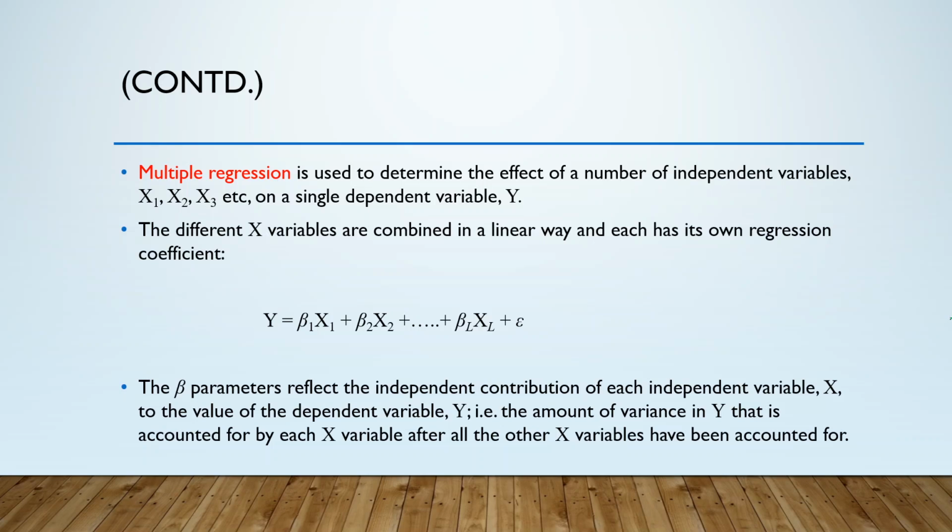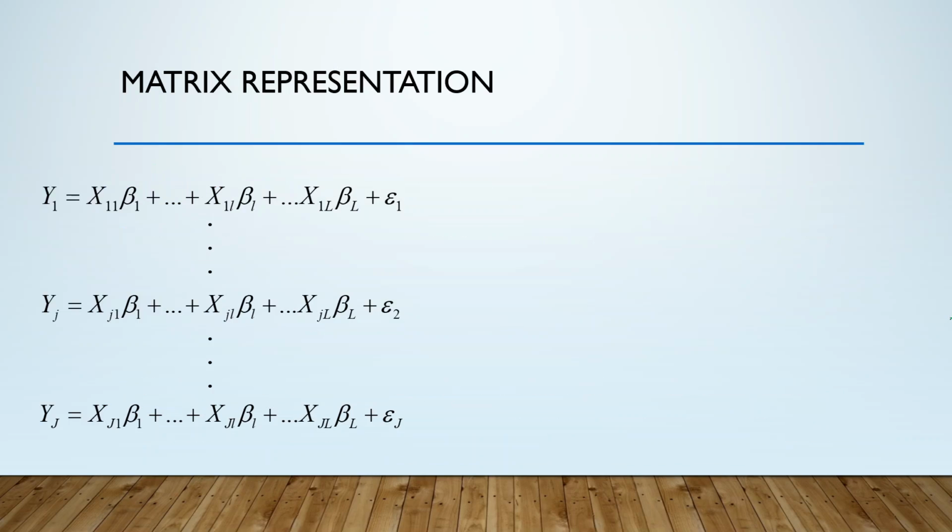The beta parameters reflect the independent contribution of each independent variable x to the value of the dependent variable y. That is the amount of variance in y that is accounted for by each x variable after all the other x variables have been accounted for. That is the multiple regression equation.